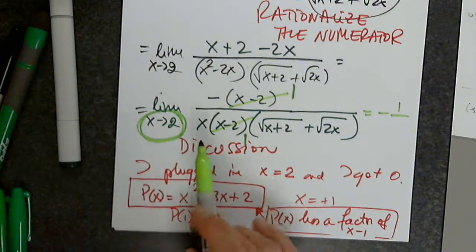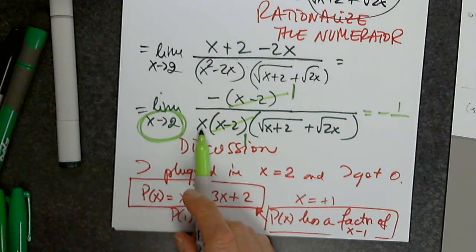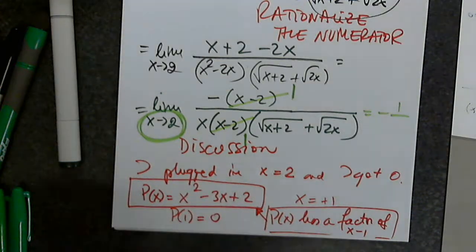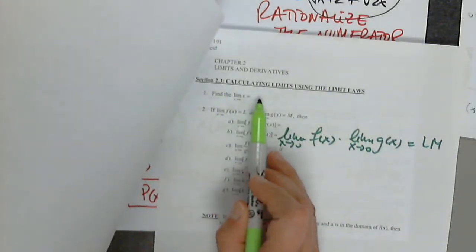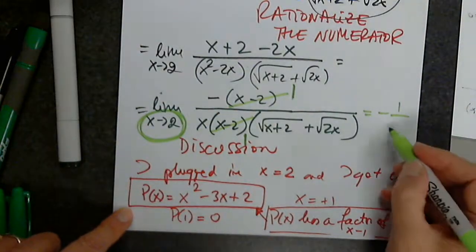As x approaches 2, where does this go? Okay, let's go back to our notes. As x approaches 2 of x, what is the answer? 2. Okay, very good. So this is 2.